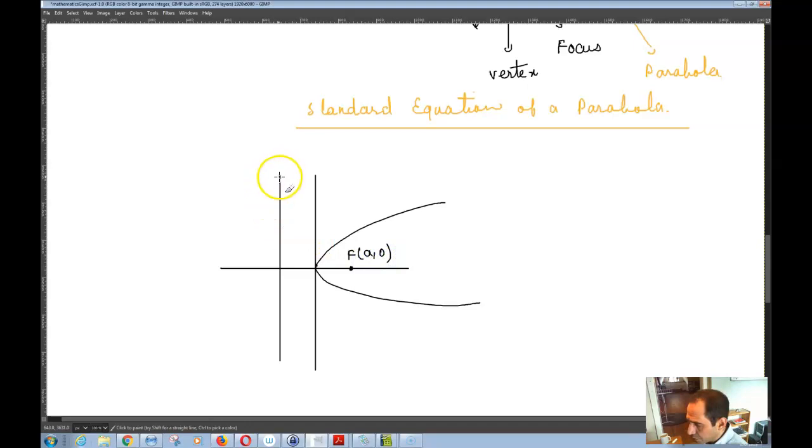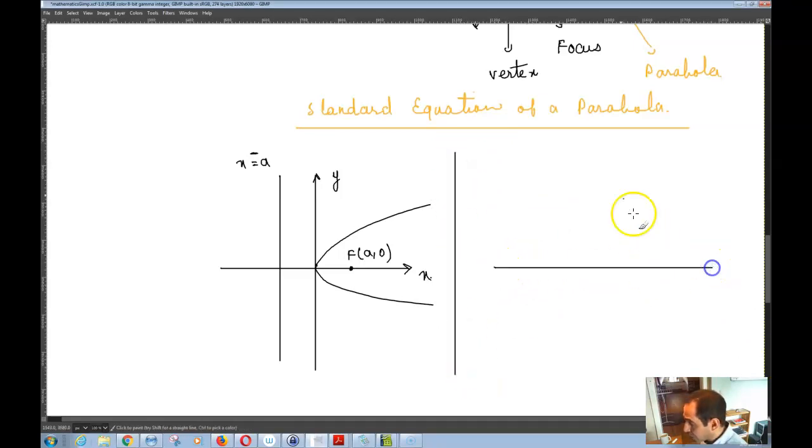The equation of this line would be x is equal to negative a, and this would be the y-axis, and this would be the x-axis. So this would be one way that you could represent a parabola in the xy plane.